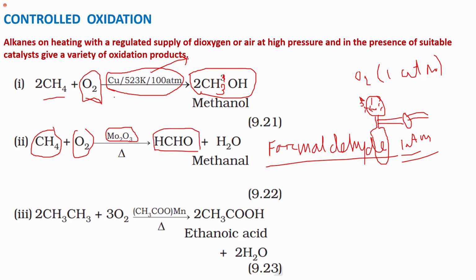Suppose they have given three examples. One is the methane molecule, with different catalysts where they are getting methanol and formaldehyde. And when you take the ethane molecule under oxygen pressure and manganese acetate, Mn(OAc)3, then what will it form?